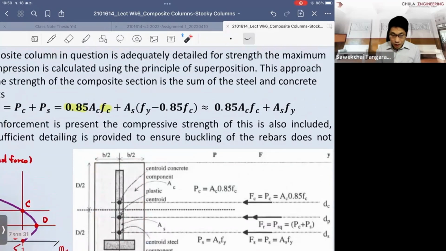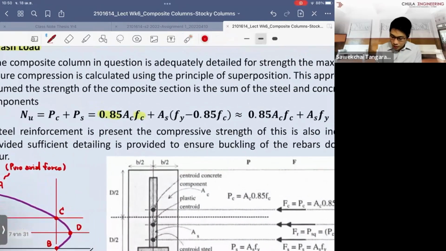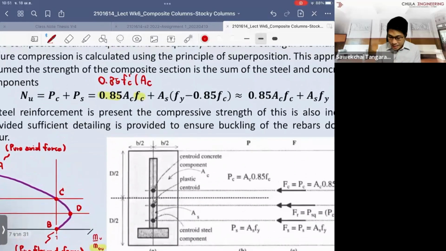To deduct the area of the steel from the concrete, you have the term here, negative 0.85 F prime C times As. To get the full term, you should have the equation as 0.85 F prime C times the full concrete gross area, subtract the steel area.